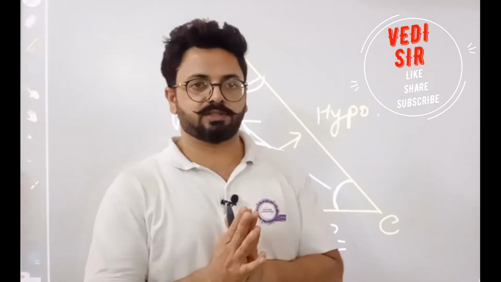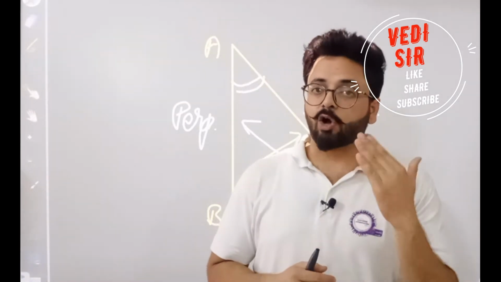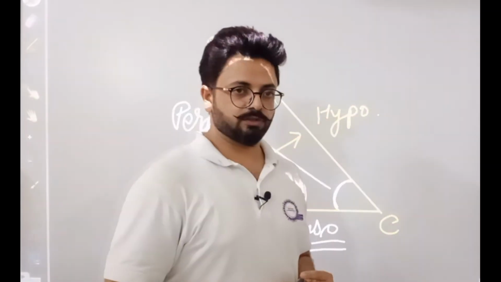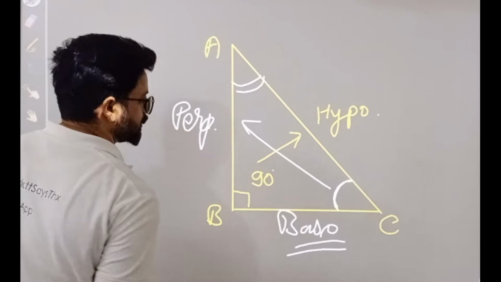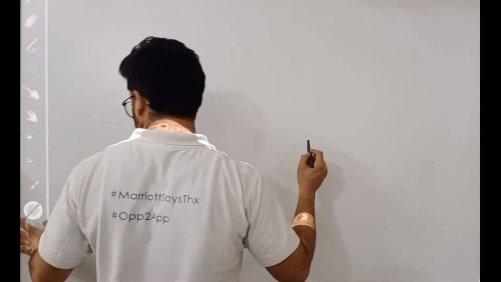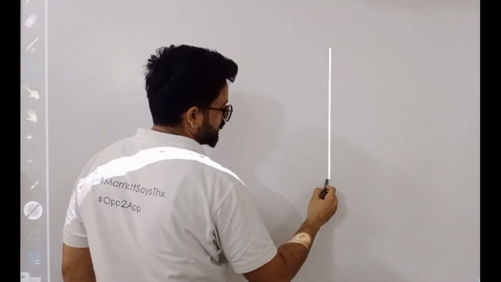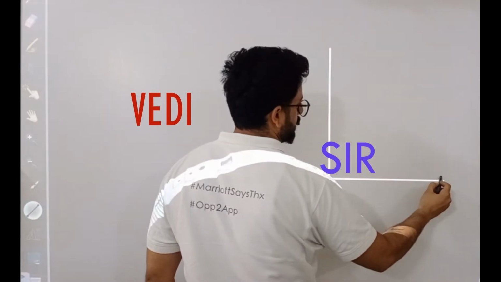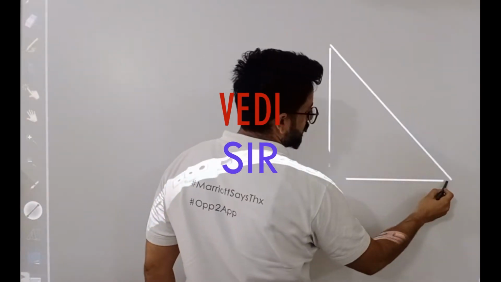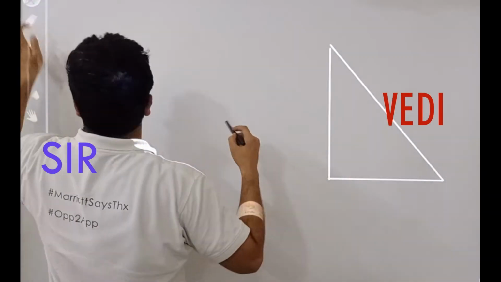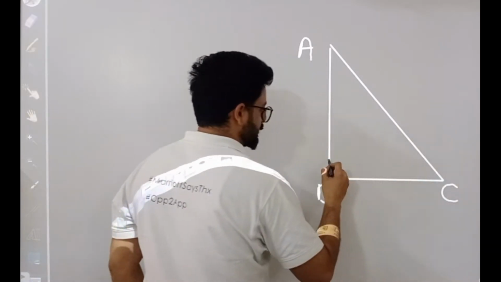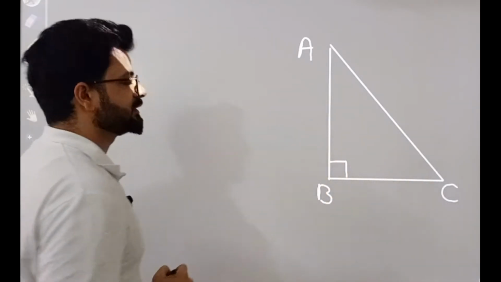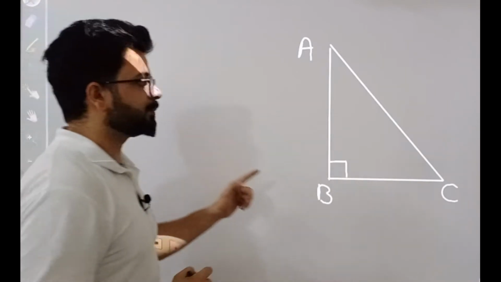In how many ways can we arrange these sides, in how many ratios can we write them? So let's start to write. See, again I am making one triangle. I am taking perpendicular, base and hypotenuse, and I am naming this triangle A, B and C. This is the 90-degree angle in triangle ABC.